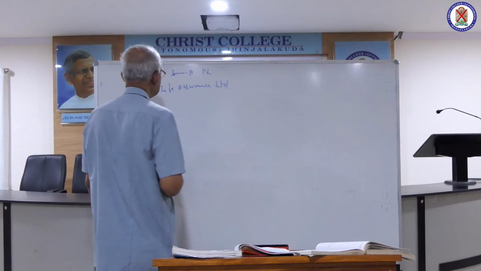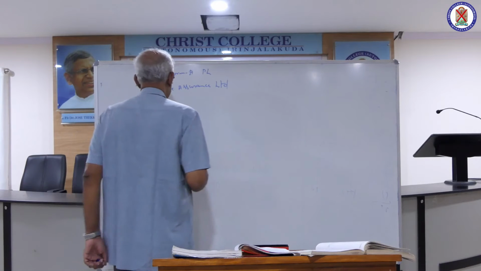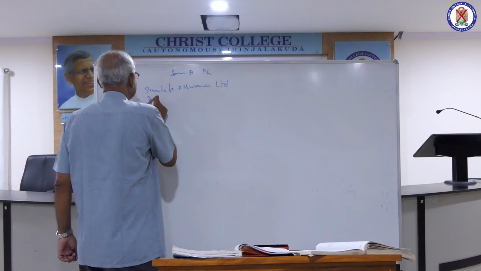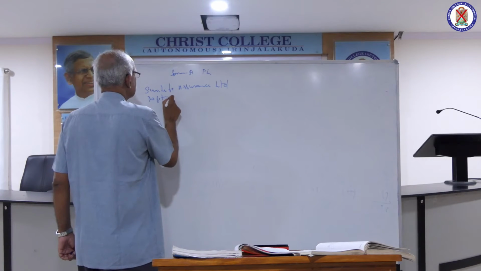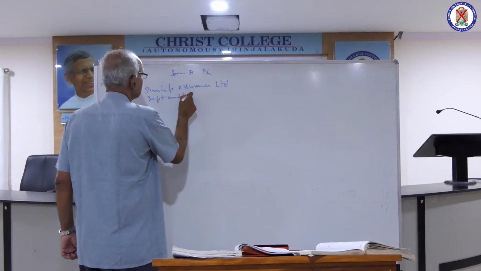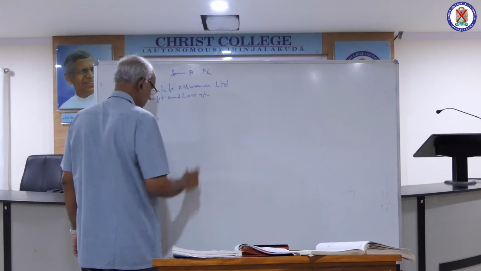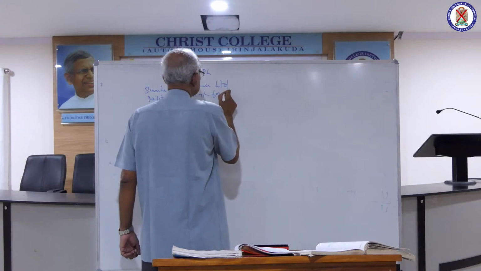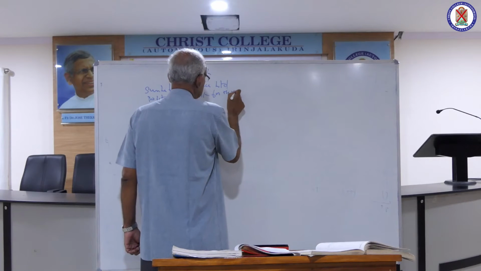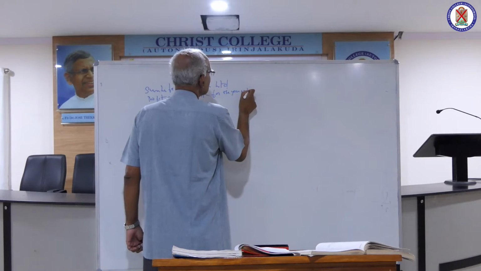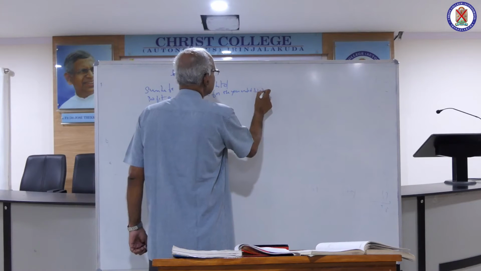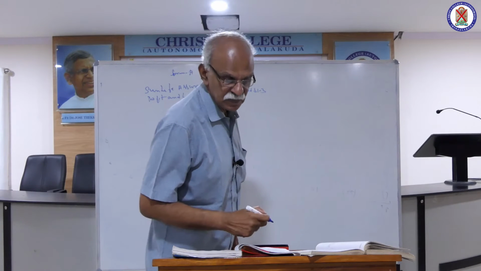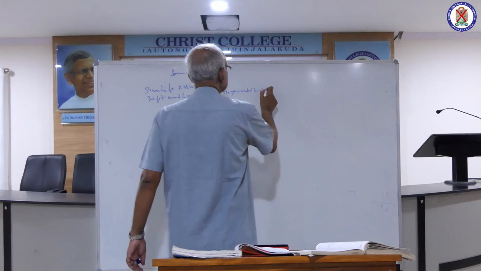Sun Life Assurance Limited. Profit and loss account for the year ended 31/3/2018.